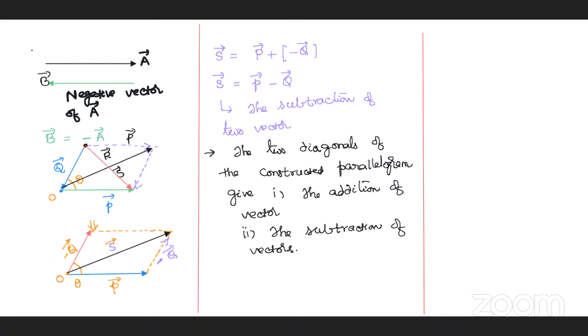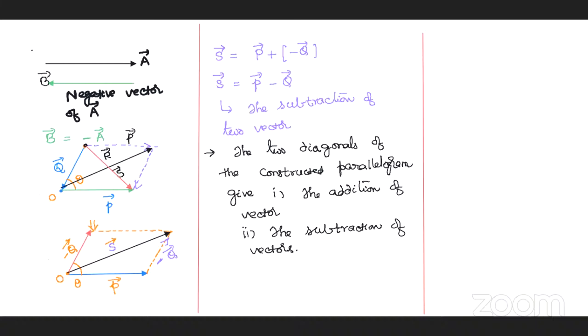Now check here. S bar is taken from the same point of origination of two vectors P bar and minus Q bar.